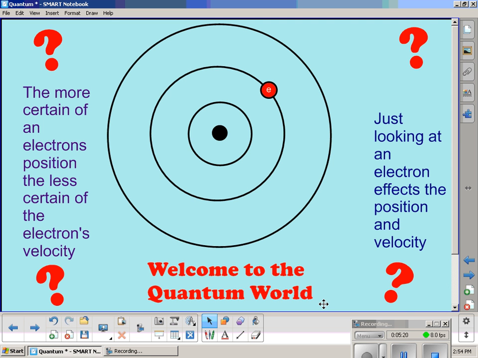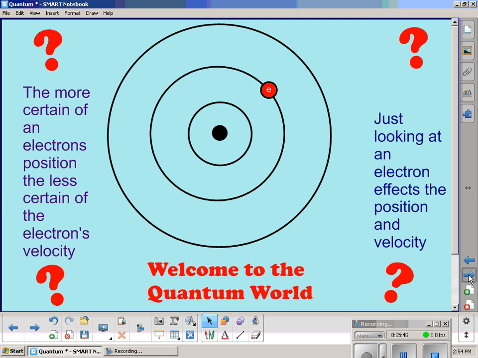Well, welcome to the quantum world. The more certain we are of an electron's position, the less certain we are of its velocity. Quantum has some really difficult to understand strangeness that doesn't fit in our world of big.